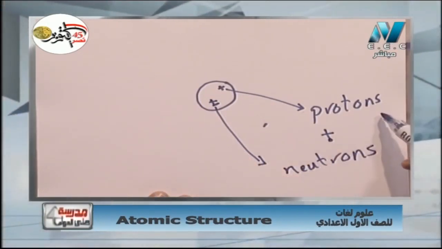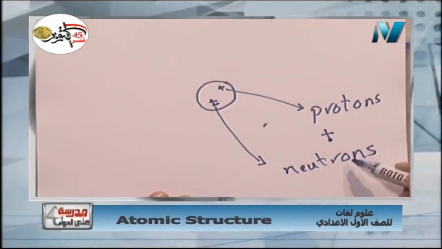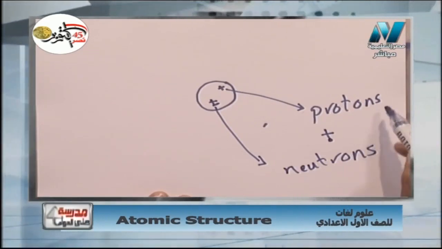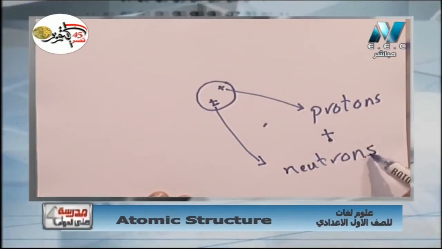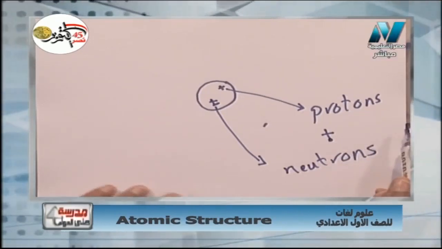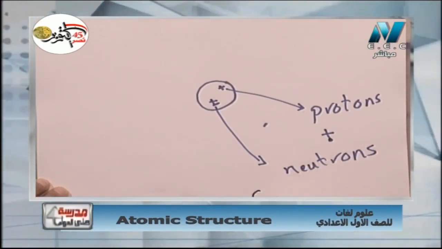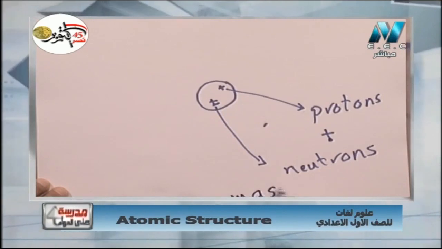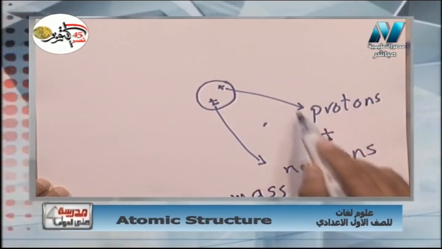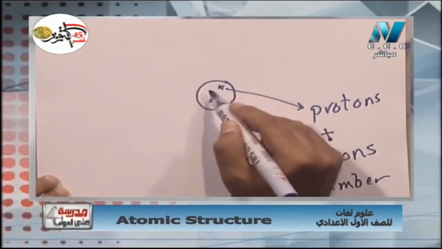Protons and neutrons are heavy relative to electrons, so they give the atom its mass. The number that gives the atom its mass is called the mass number. What's meant by mass number? It is the number of protons plus the number of neutrons. This is called the nucleus.